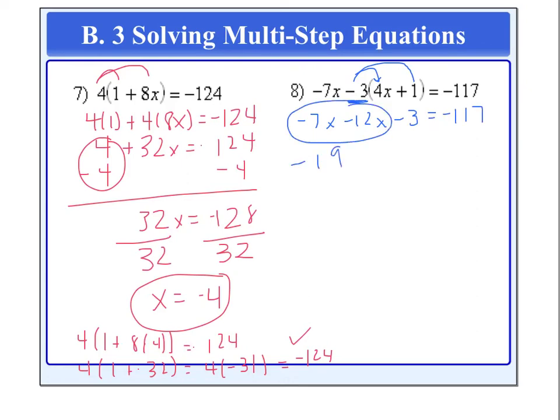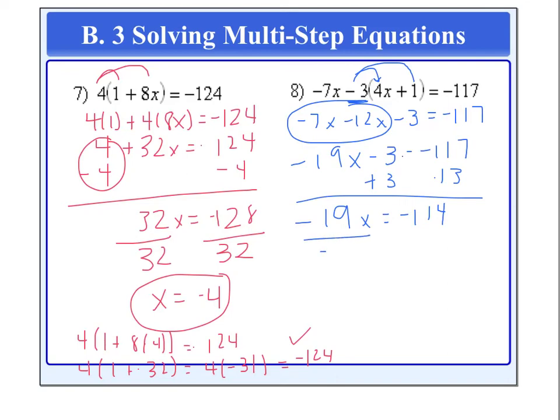Negative 19x minus 3 equals negative 117. Add 3 to each side. Negative 19x equals negative 114, and I have to get out my calculator for that. We have negative 114 divided by 19, and we get x equals 6.